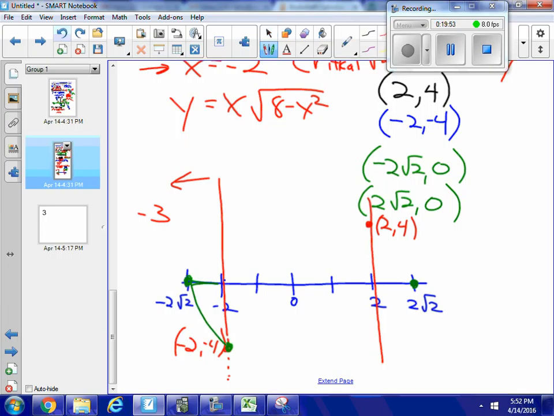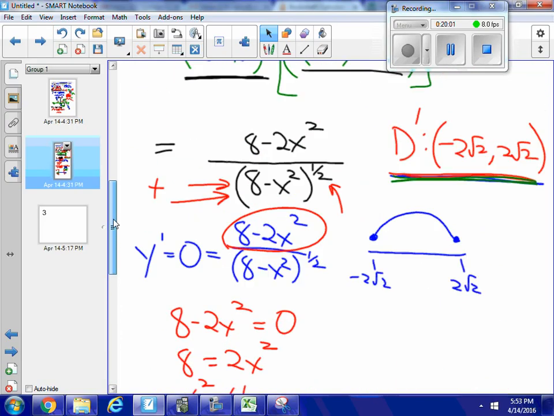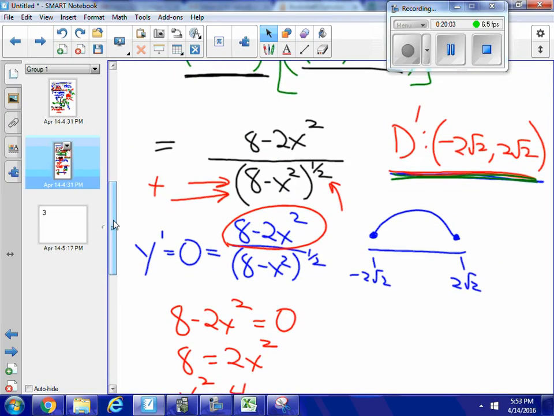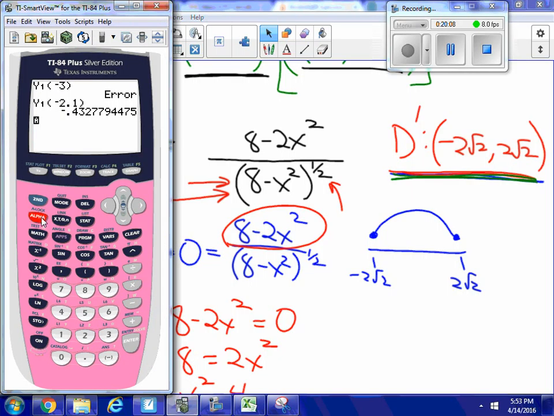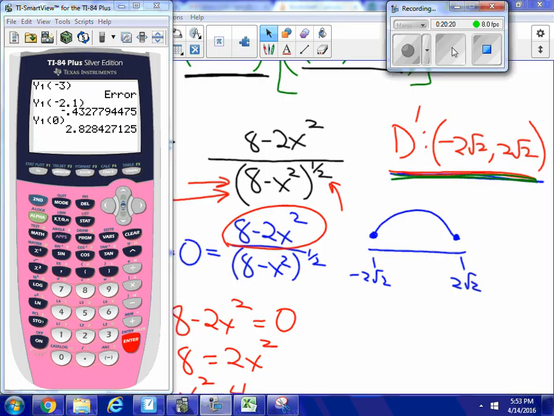And since it's a critical point, let's just test the number in here. Let's test 0. So if we test 0 in our derivative, I'll pull up the calculator again. I'm going to go alpha f4, y1, and I'm going to test it for 0. I get 2.82. Okay, a positive number.